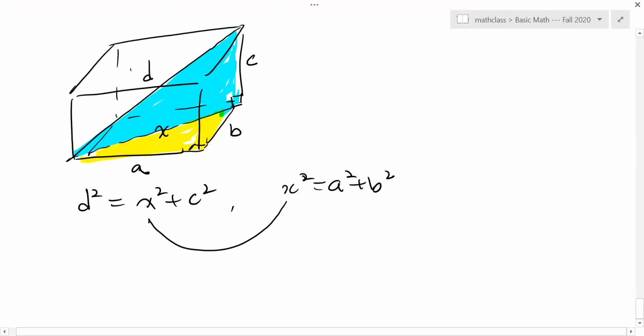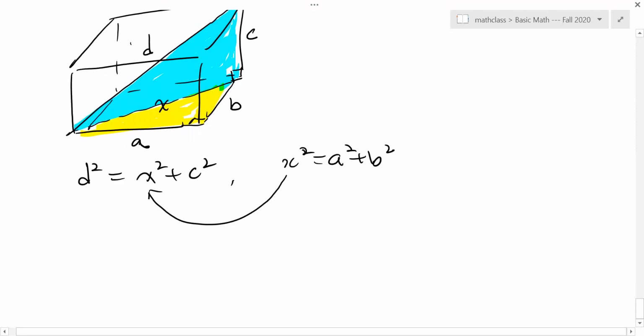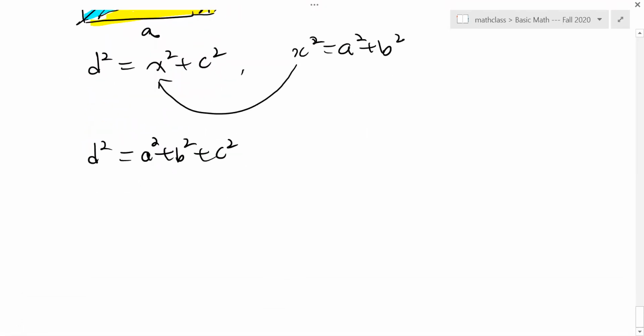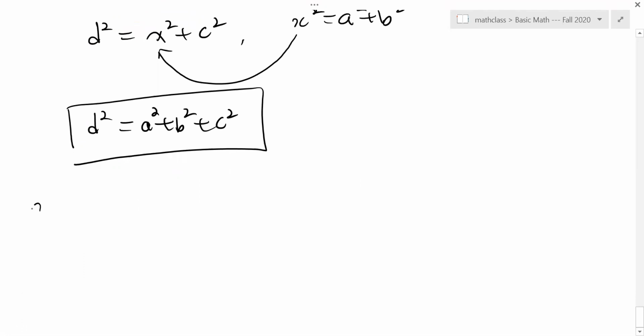So this x squared is replaced by a squared plus b squared. So d squared is a squared plus b squared plus c squared. Okay? All right, now using this formula, let's find out what the space diagonal is.